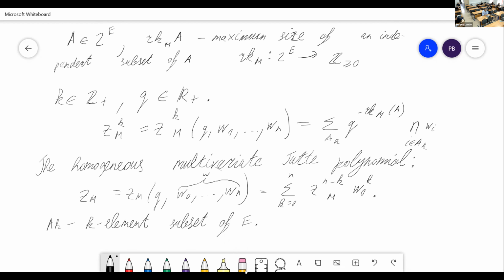Тогда там показатель должен быть ранг M от A_K. Yeah.